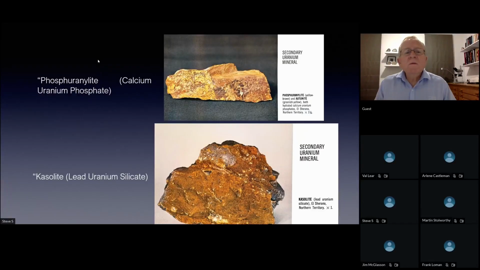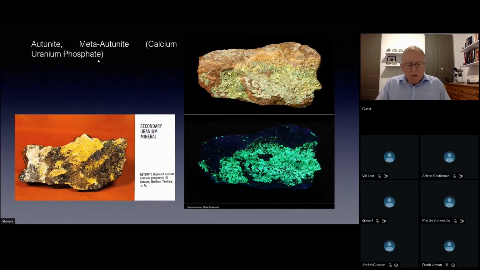Again, these are from the booklets: phosphuranylite, cassolite, the orange coating. Next slide. Meta-autunite, autunite.